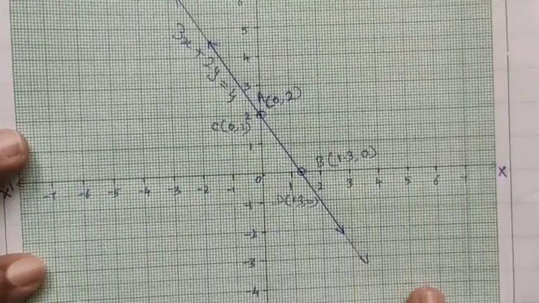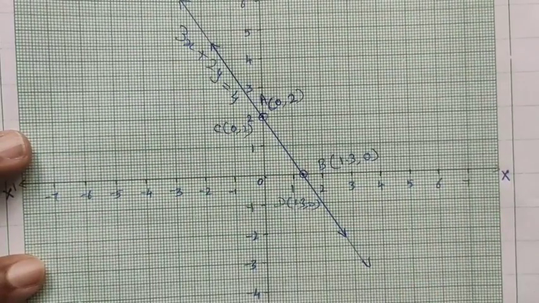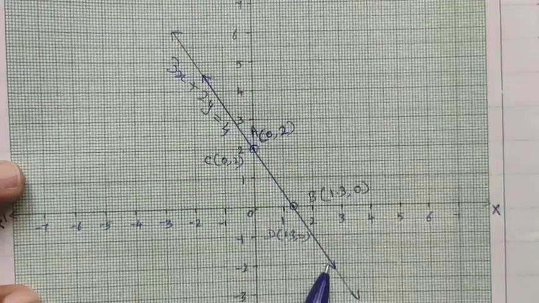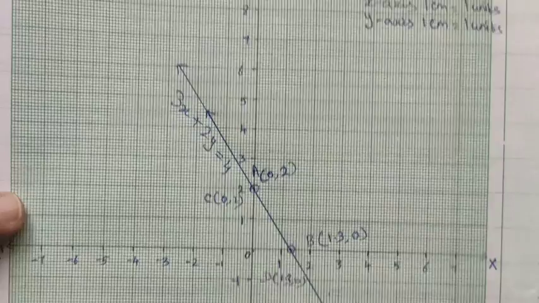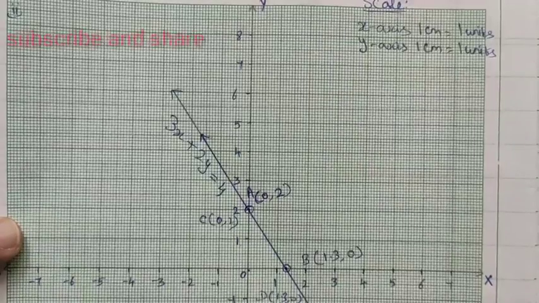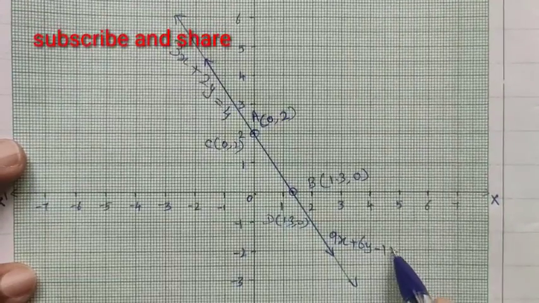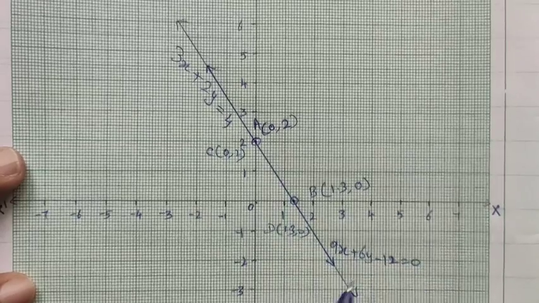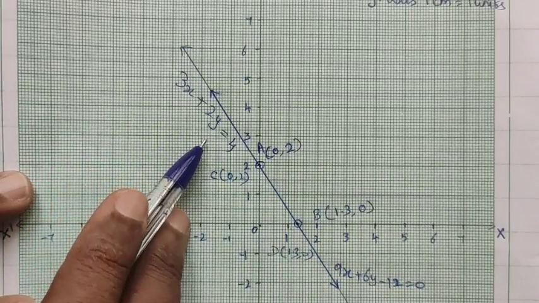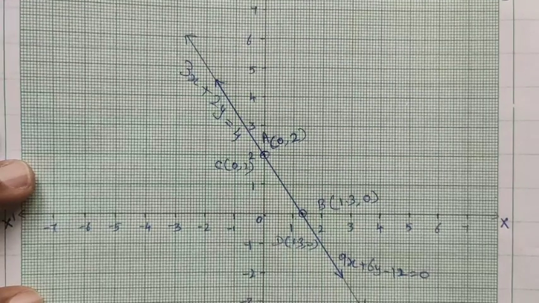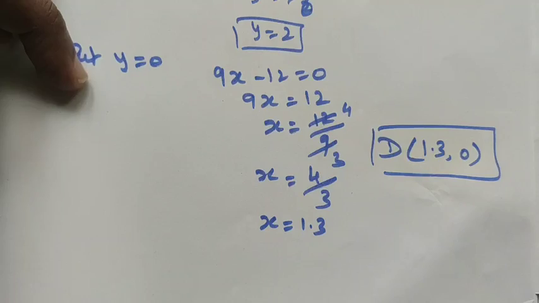We know that when two lines coincide, we get an infinite number of solutions. We have already studied this. Now this line is equation number 2, 9x plus 6y minus 12 equal to 0, and the first equation is 3x plus 2y is equal to 4. So the two lines coincide, so we get an infinite number of solutions.